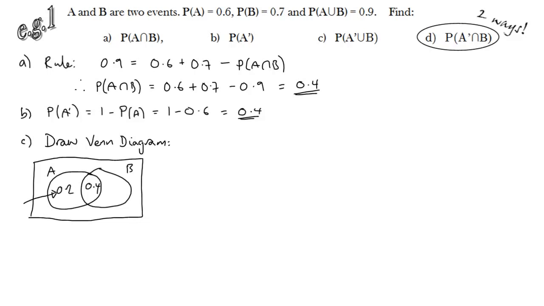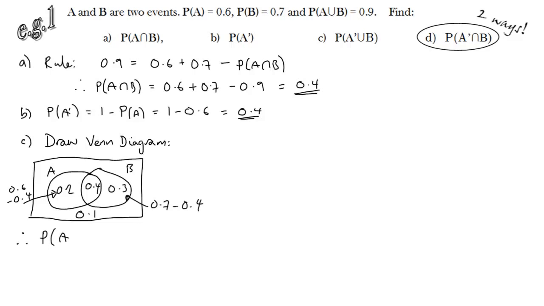That bit there is 0.2, because the whole of that region for A, the probability of A, is 0.6, so I subtract the intersection and get 0.2. Similarly for B, I get 0.3 by subtracting the intersection from the probability of B, which is 0.7. And we fill in the last bit by subtracting everything else from 1.